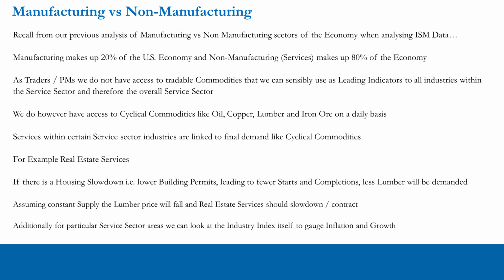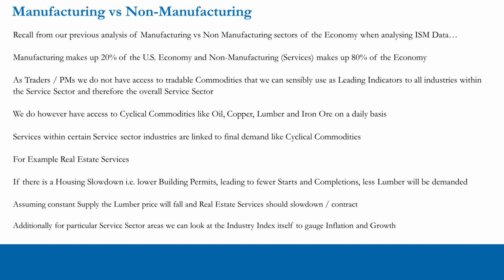So it becomes obviously useful to us as traders and PMs. Additionally, we can always look at a particular service sector area and look at the industry index itself to gauge inflation and growth.